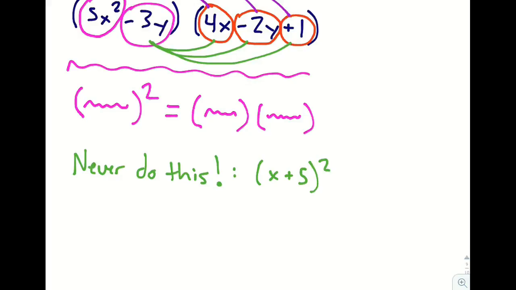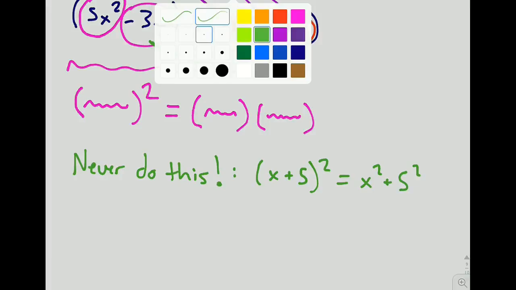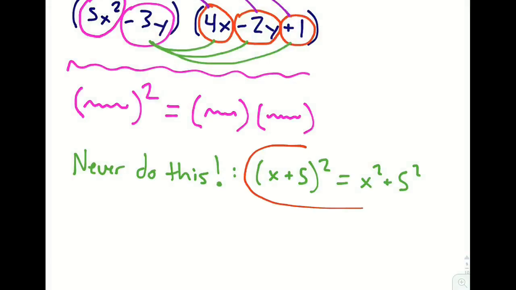If we were to say, oh, that's x squared plus 5 squared, I'm just going to distribute that square. If you were to do something like that, you would be breaking a lot of the rules of math. Never, ever, ever do that. So we're going to write that and put a big no, never do that, and then underline never, never, never.